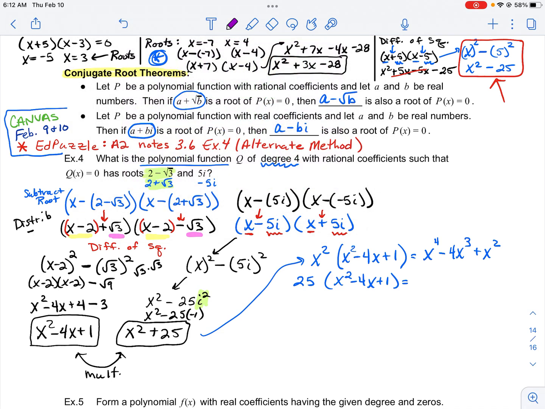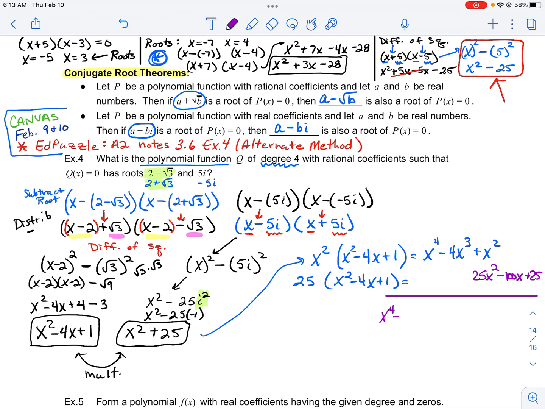As I work on the next row of this, I'll shift everything so my like terms line up. And I'm going to have 25 times x squared, which is 25x squared, minus 25 times negative 4. That's going to be negative 100x, and then I'll have a plus 25. And we'll add all those together.